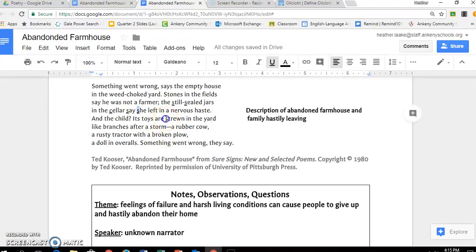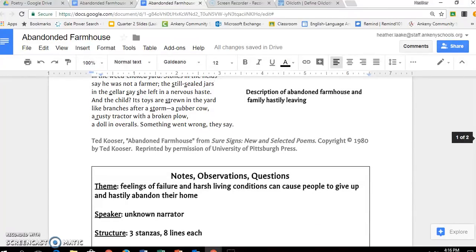Okay, we have strewn, the ST sound, and storm with the ST sound, and then we have the R sound in rubber and rusty. So if you missed any of these, go ahead and underline those consonant sounds at the beginning of the word. So that's alliteration.